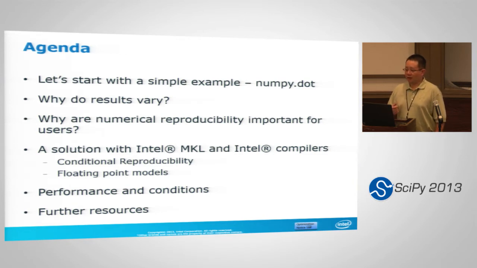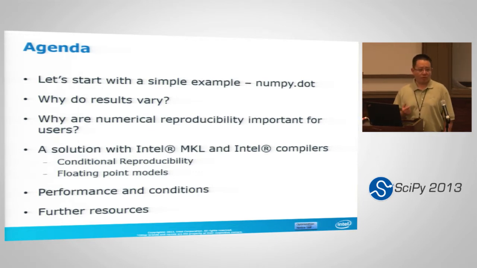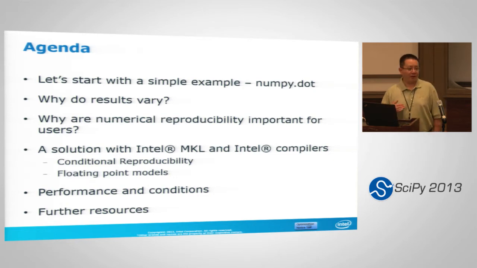To be honest, I am not a Python programmer yet, but I've done some work to enable SciPy and NumPy people to build MKL inside their packages. That's why I think this topic may be interesting to you.